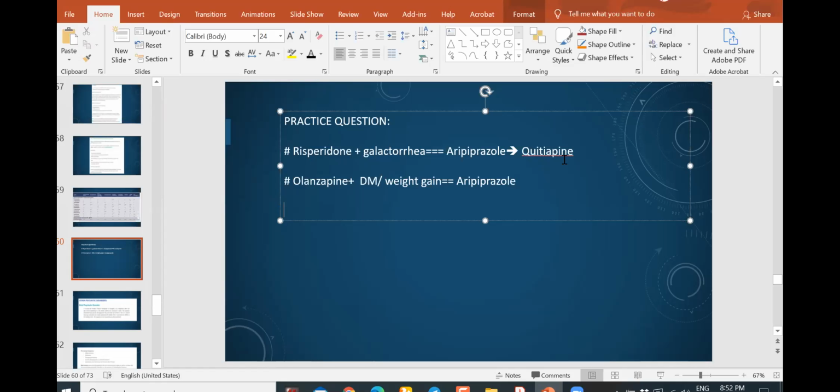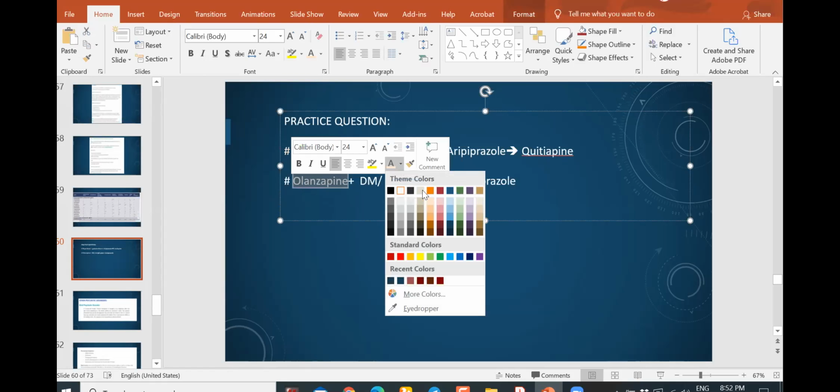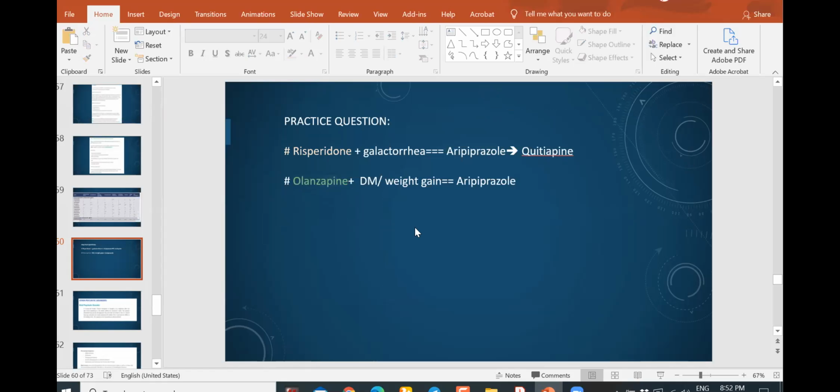So what will happen? Let's assume the patient is on risperidone and now you want to change it to olanzapine. You will do the crossover. You will gradually reduce risperidone and add olanzapine at the same time at a low dose.